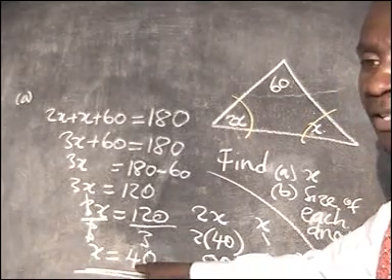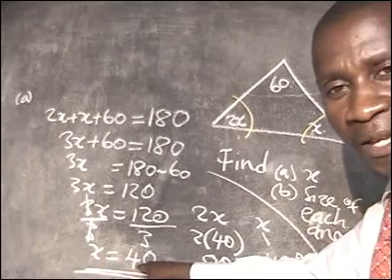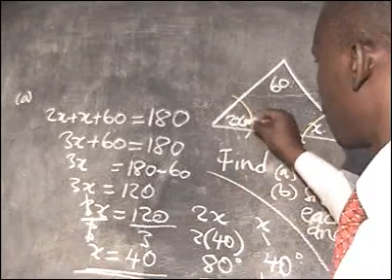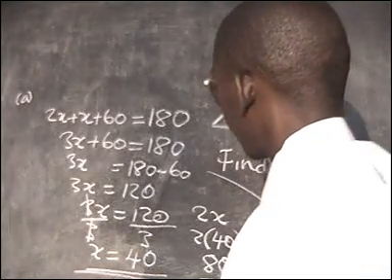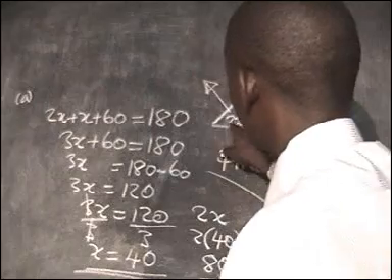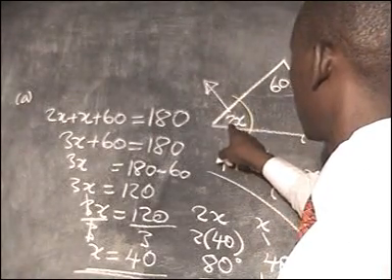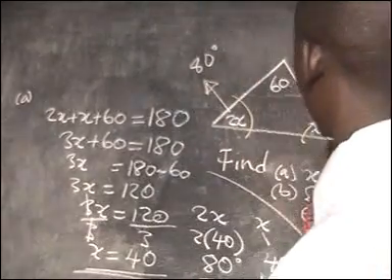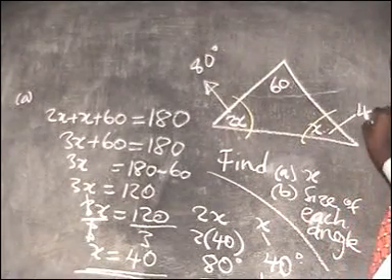Upon finding the value of x to be 40, the next thing I have done is to find the size of each angle, where I have 2x there. 2x means 2 multiplied by x, of which x is 40. So 2 multiplied by 40, this angle is 80 degrees. And where I have x, this is 40 degrees.